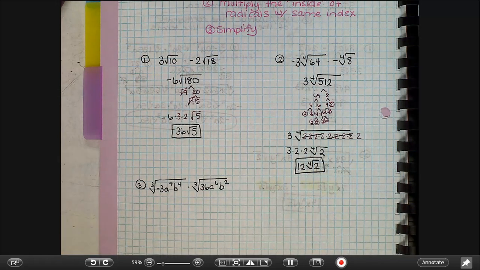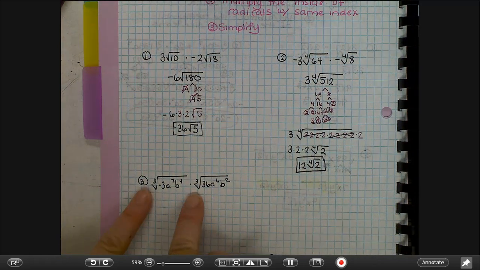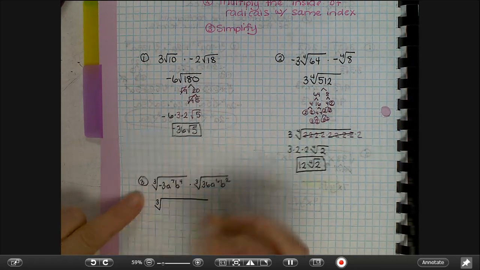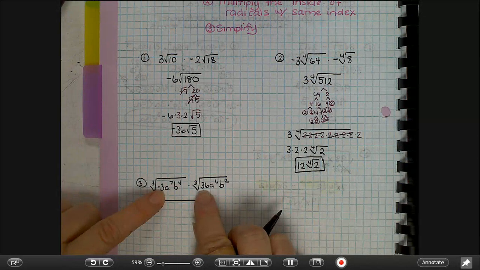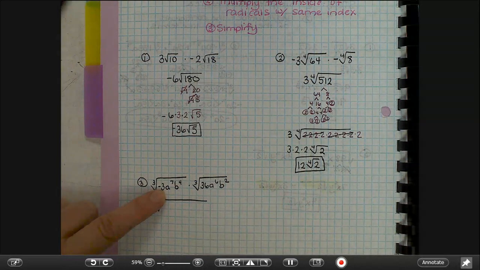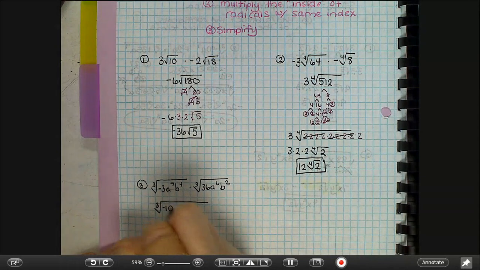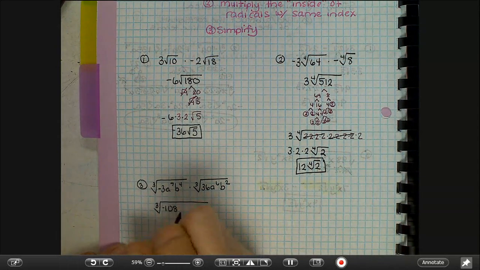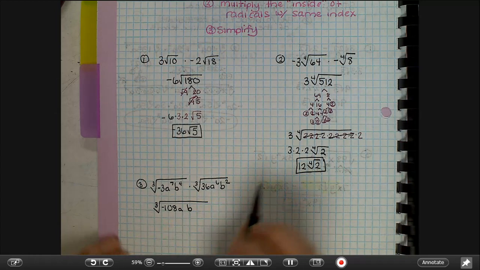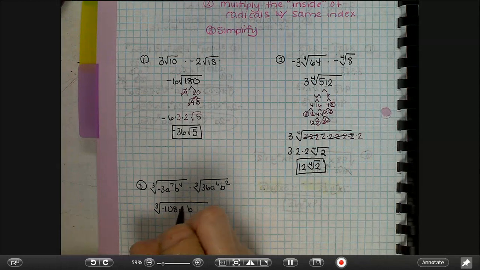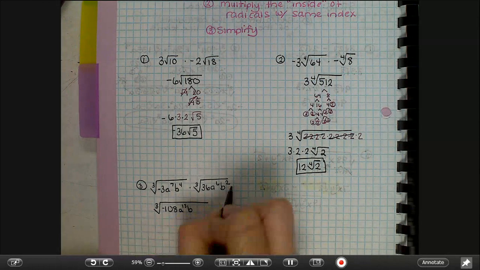So we're going to multiply coefficients, but we don't have any, so that's just 1. And now we're going to multiply the stuff inside. So we have negative 3 times 36, which is negative 108. We have a and b, and when we're multiplying, we add exponents. So 7 plus 6 is 13, and 4 plus 2 is 6.